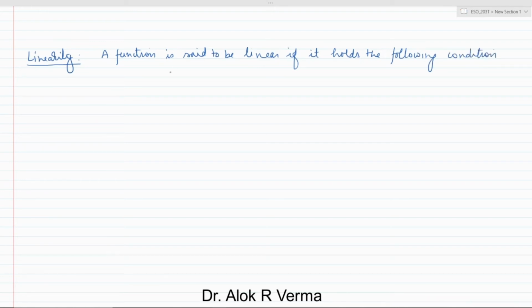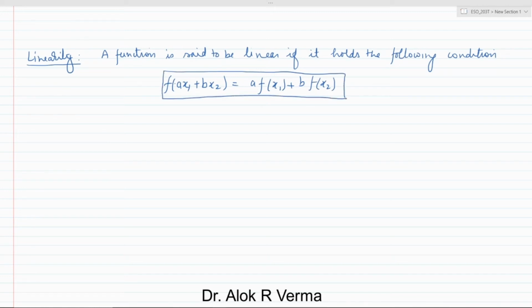What is that condition? It is a times f of x1 plus b times f of x2. This is the main condition for linearity to be checked. Most of the circuits in our case will be linear. Before going into that detail, let us define the resistance. We will come back to the linearity.